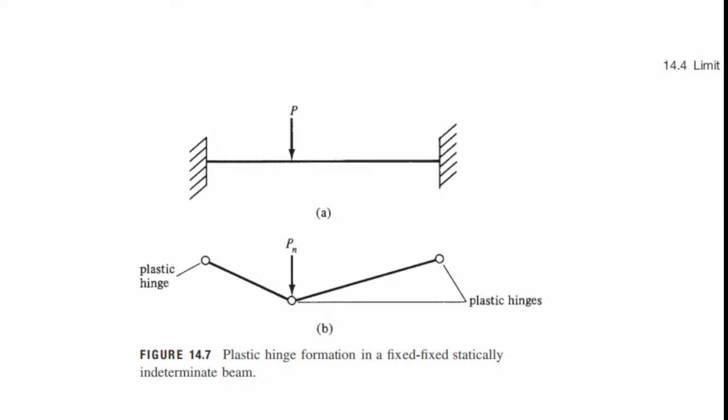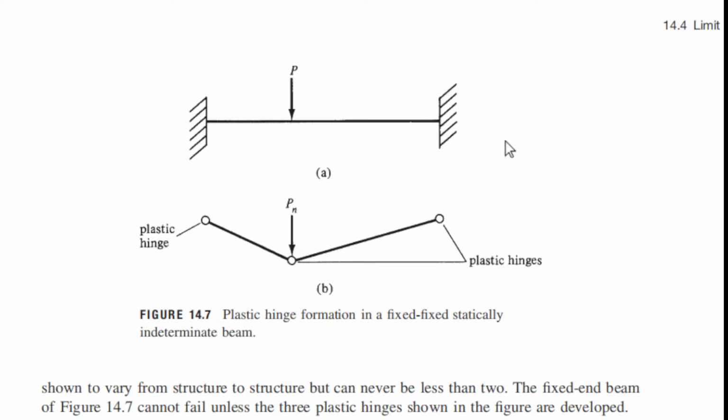Okay? So, an indeterminate beam is a little bit stronger. It is stronger because, for example, a fixed beam versus a simple beam. It is stronger. So, we need to have 3 simultaneous collapses before it will fail.